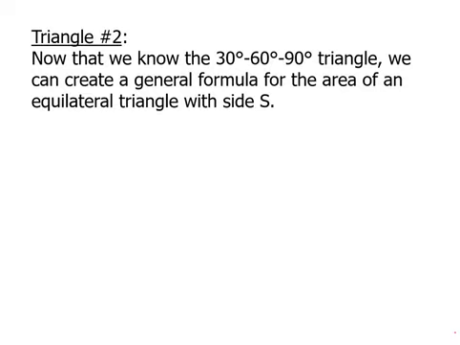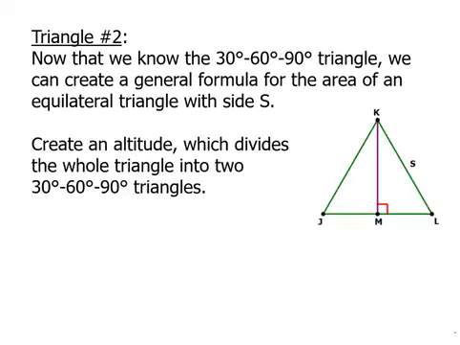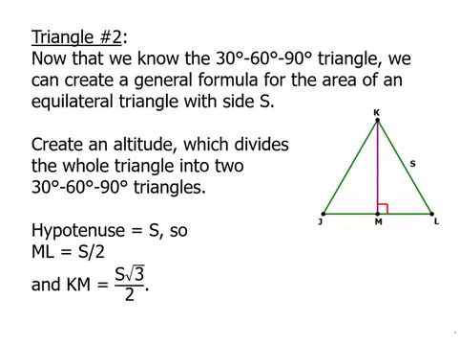Now that we know the 30, 60, 90 triangle, we can create a general formula for the area of an equilateral triangle with side S. Create an altitude which divides the whole triangle into two 30, 60, 90 triangles. So the hypotenuse is S, so ML equals S over 2. And KM, the altitude, would have to equal S root 3 over 2.